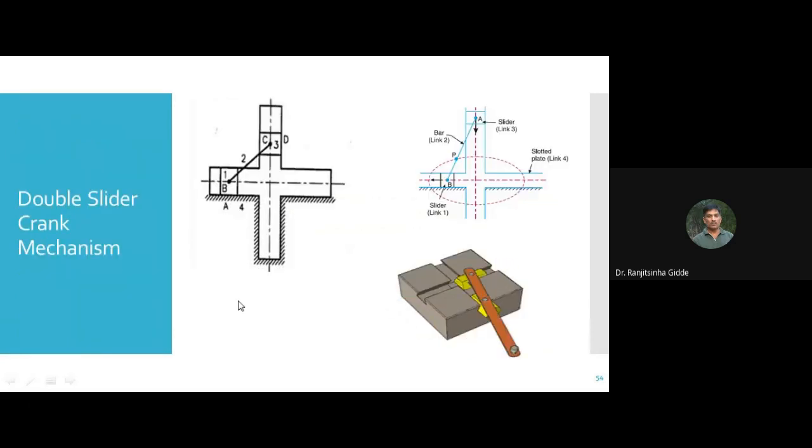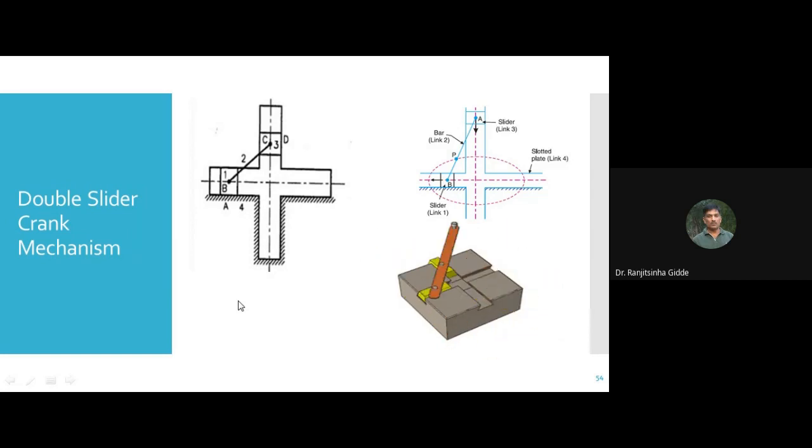Now let us proceed further to discuss the double slider crank mechanism. From the name itself, you can understand what it indicates. Double slider crank mechanism means it consists of two sliders and one crank.